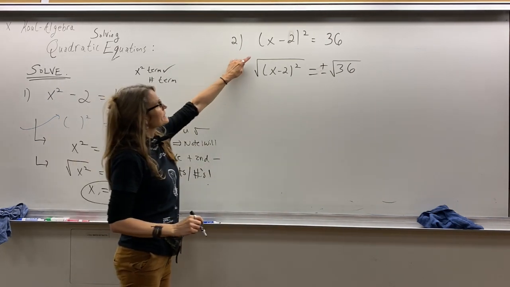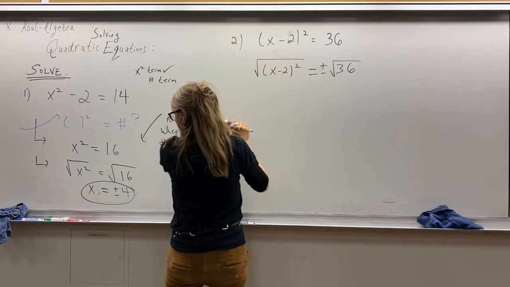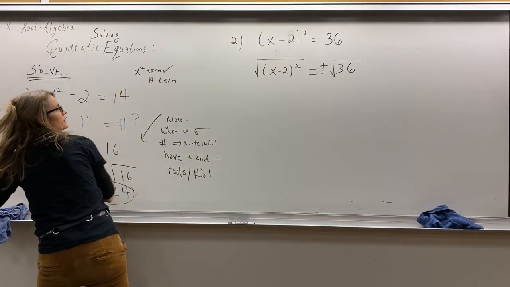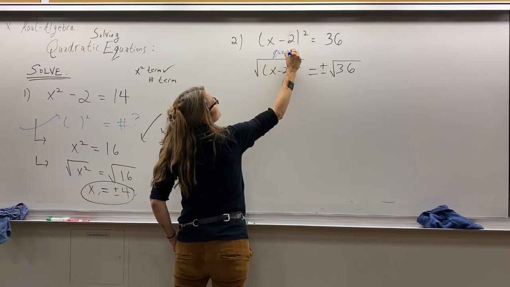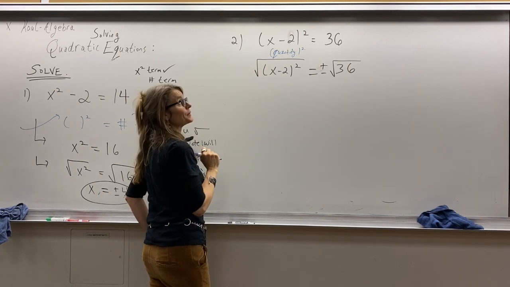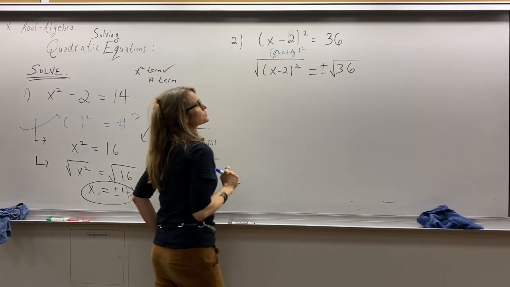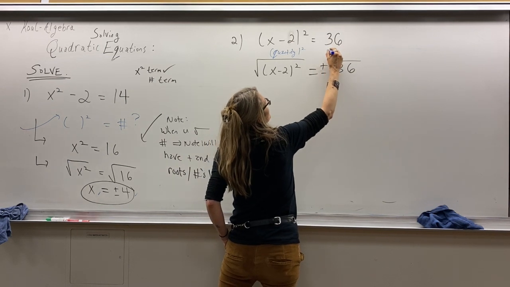So the idea is, what I'm identifying here is I have a quantity squared, so I could just square root it to undo it. All of this together is one quantity, and on this side I have my number.